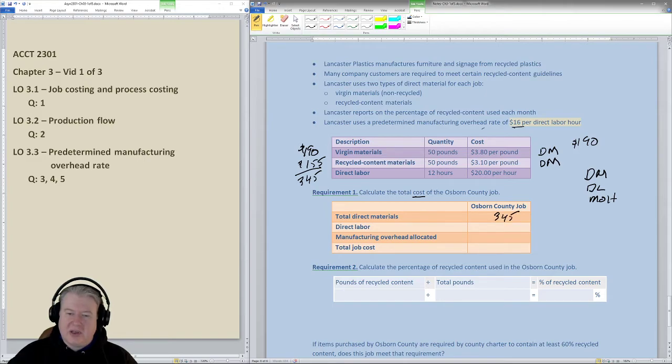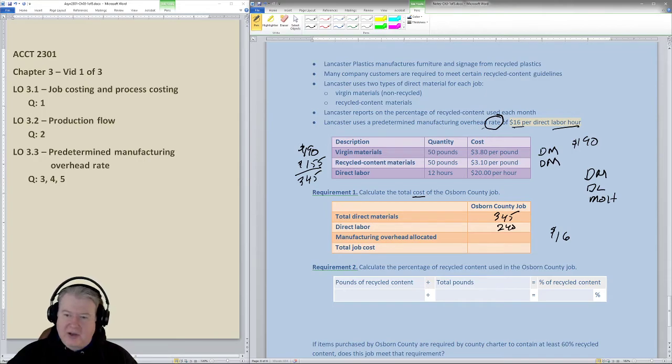And that's the materials. Direct labor, well, that's simple. You just have one direct labor calculation. 12 times 20, that's 240. Now, how do you figure out manufacturing overhead? Well, you use the rate. And what is it based upon? It's based upon labor hours. So here, we'd use the rate. Remember, it's the rate times the actual, right?